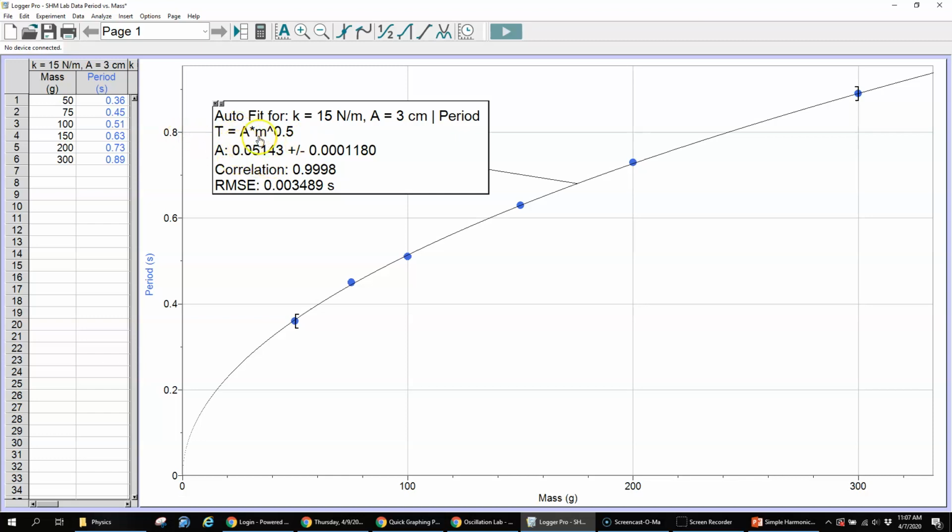A little bit unfortunate that for any power fit, LoggerPro puts an A in here, which is perfectly fine. The problem is it also happens to be our amplitude, and these are in no way the same number. This is saying the constant in front of here is 0.514.